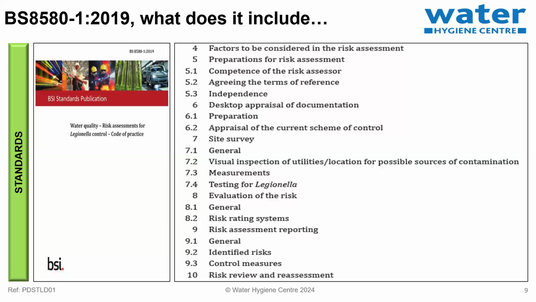Who are the people that are going to be impacted by the risk? Evaluation of the risks, risk rating systems. Is there a risk assessment reporting tool? How did we identify those risks? And what are the control measures that we need to implement to try and reduce that risk or help manage that risk? Over the next few slides, we're going to detail a little bit more about a couple of those areas.